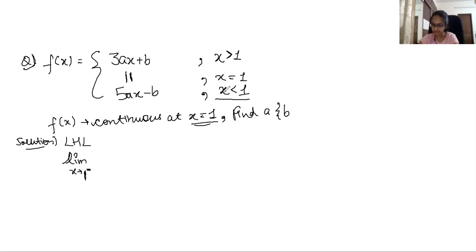This is given to confuse you, nothing else. We generally think that at this point the first is LHL, at this point the value of the function, and here RHL, but it is not the case. You have to carefully see that this sign is less than 1. Okay, so I've written it wrong.